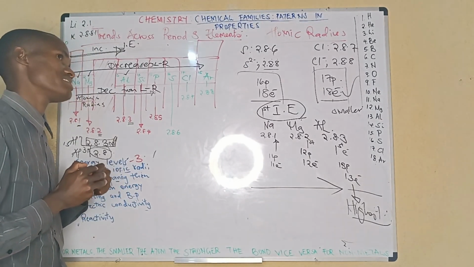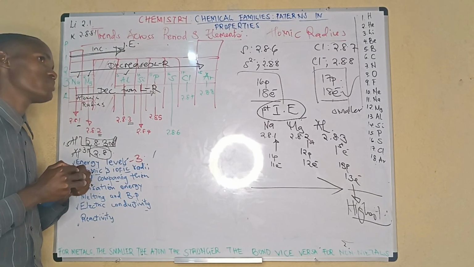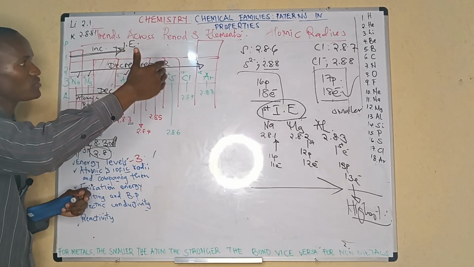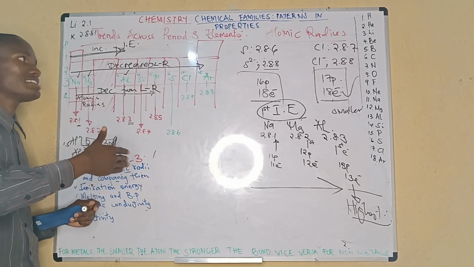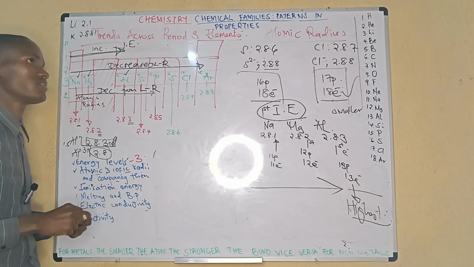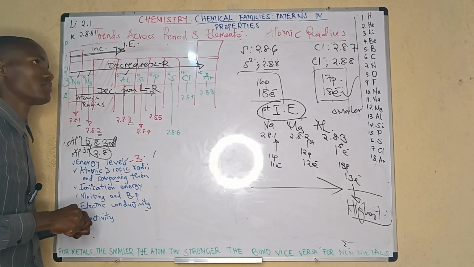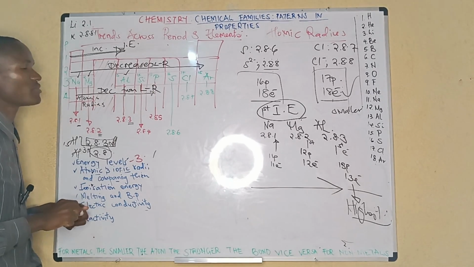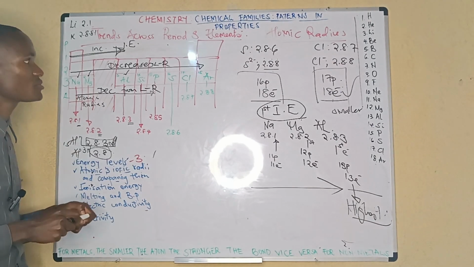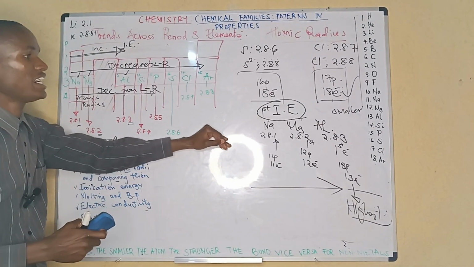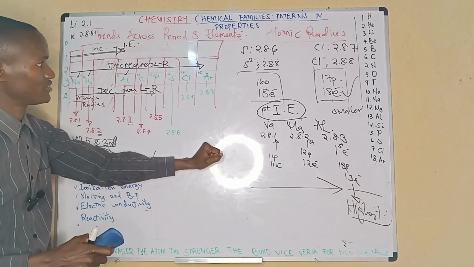Good. And the reason why it is increasing is that, as we go from left to right, there is an increase in the number of protons. And therefore, to lose an electron becomes hard. For them to lose an electron, we require more energy due to a higher nuclear charge, or a higher nuclear attraction.